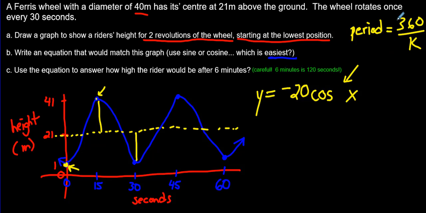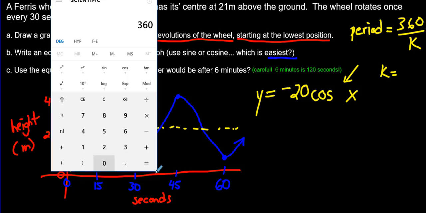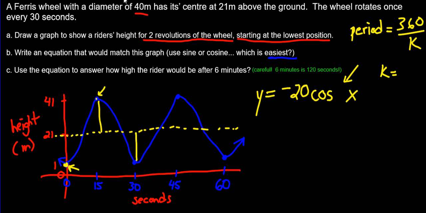So we'll use this formula: period is equal to 360 divided by k. So really, if we want to know what k is, using cross multiplication, all we're doing is taking 360 and dividing by the period, and that will give us k.